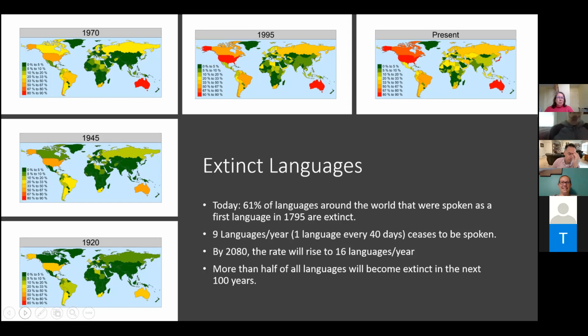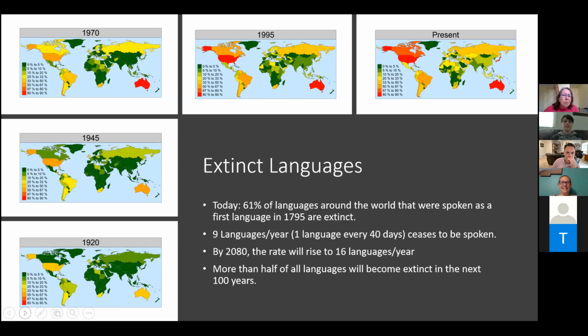But when we look at Alaska, the whole United States, Argentina, South Africa, and Australia on that map, you see that they're kind of bright yellow or some tone of yellow. That's between 20 and 50% of the languages in that country that are endangered.